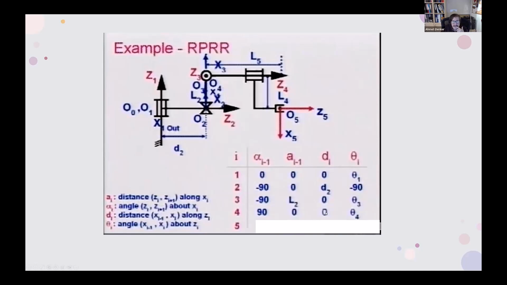Now the twist angle between Z3 and Z4 is, as you see, 90 degrees. Because Z3 is coming out of the paper, Z4 is going in this direction along the paper, so there's an angle of 90 degrees in between.